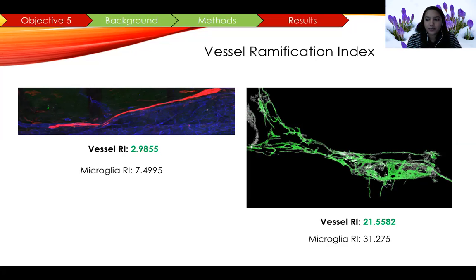The original ramification index for microglia scales similarly with the two vessel types, which tells us that the vessel ramification index is measuring relevant complexity information. While the previous RI for microglia also is discriminative between the two vessel types, the new one I developed makes more sense for this problem.